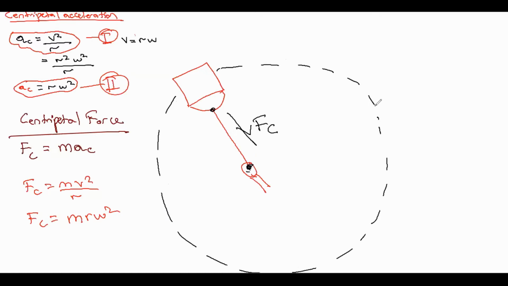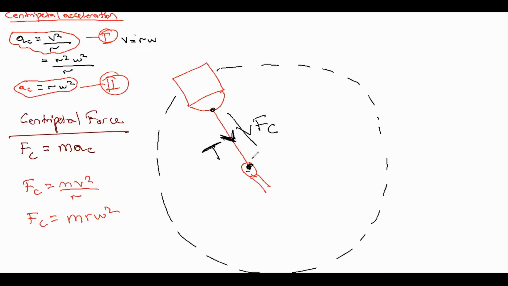Now, we know that when we spin something, this is a wire, and I'm spinning the bucket with this rope. Whenever I do this, there's some kind of tension inside it. And the tension is going to act towards the center.